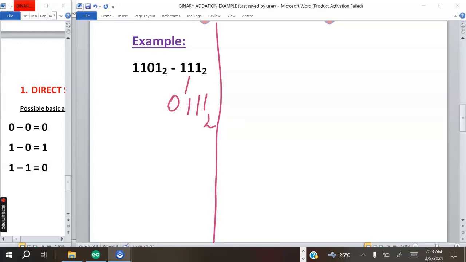So our question will be 1, 1, 0, 1 minus 0, 1, 1, 1 base 2. So if you look at the two scenarios, the number of binaries are equal on both sides.